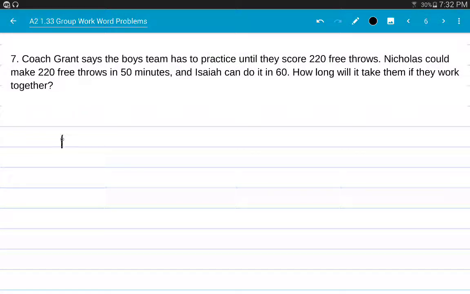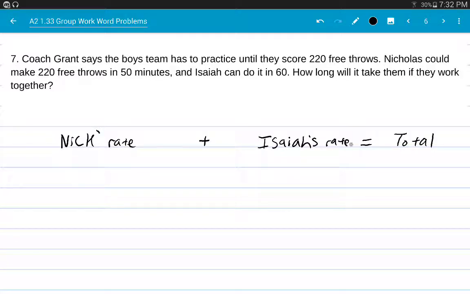We have Nick plus Isaiah equals the total. And what we're dealing with here is their rates. So it's Nick's rate plus Isaiah's rate equals the total rate.